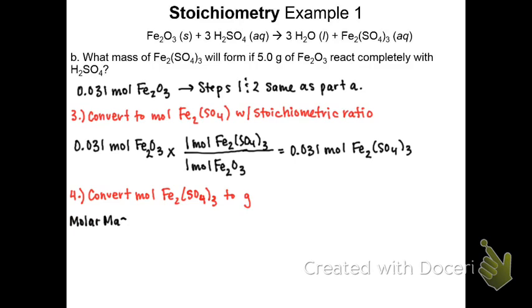So the molar mass of the iron sulfate. So again, we have 2 iron atoms for every 1 iron sulfate formula unit.